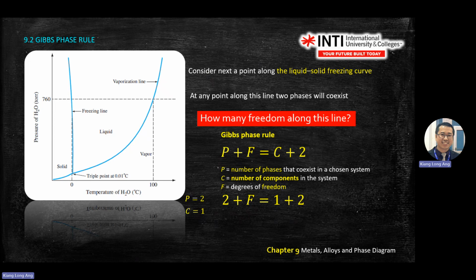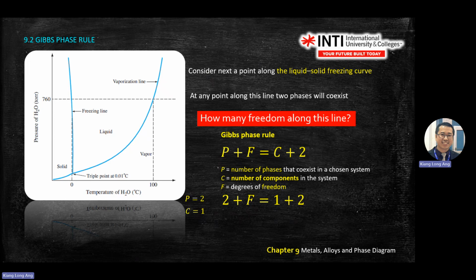It's fixed at 1 pressure, 1 temperature. You cannot change the pressure or temperature. You change a little bit, it will shift to another side. Understand? So the degree of freedom F here is the parameter that you can play with on the graph. At the triple point it is 0, because you cannot change temperature or pressure. It's fixed at 1 point.